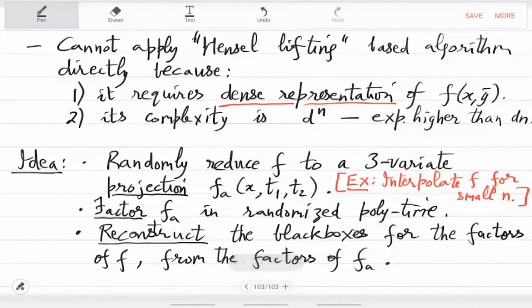Yeah, that seems at this point far-fetched, but we will actually implement each of these steps.